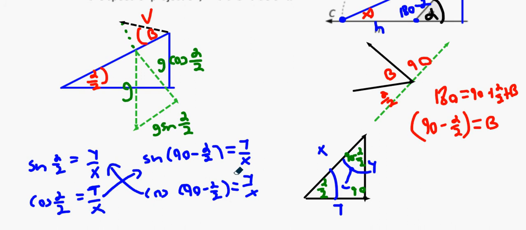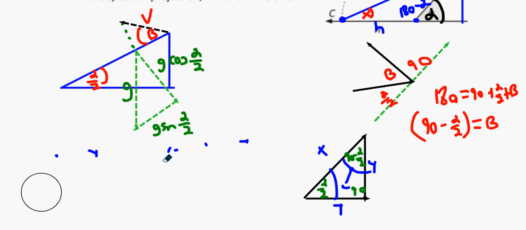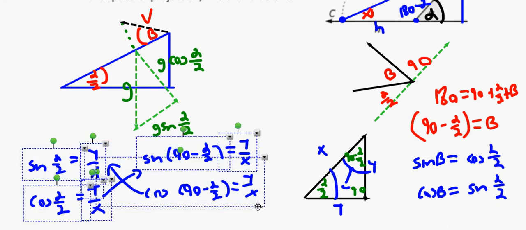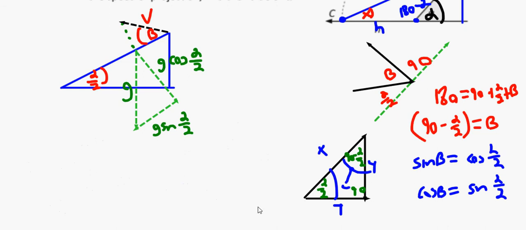So what that basically means is sine beta is the same as cos alpha over 2. Cos beta is the same as sine alpha over 2. And that has created a shortcut for getting rid of beta, which is very handy.